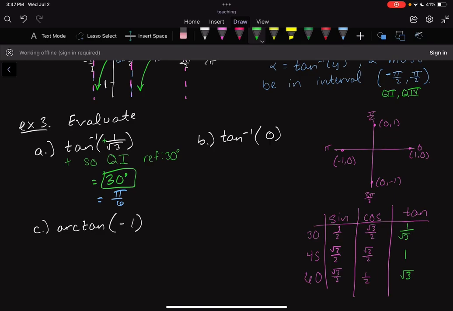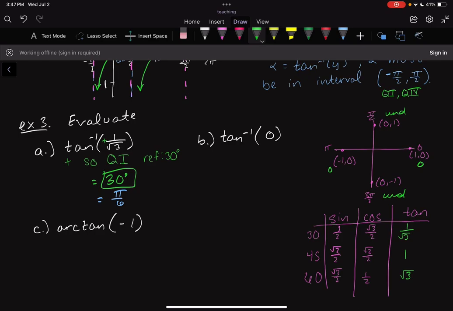Then if we look at part B, this one's asking for tangent inverse of 0, I see that it doesn't happen anywhere on my table, so that means I probably need to go to this version. Now remember, tangent is sine over cosine, so it's the y over the x. So in this case, it would be 0, undefined here, here it would be 0, and here it would be undefined.